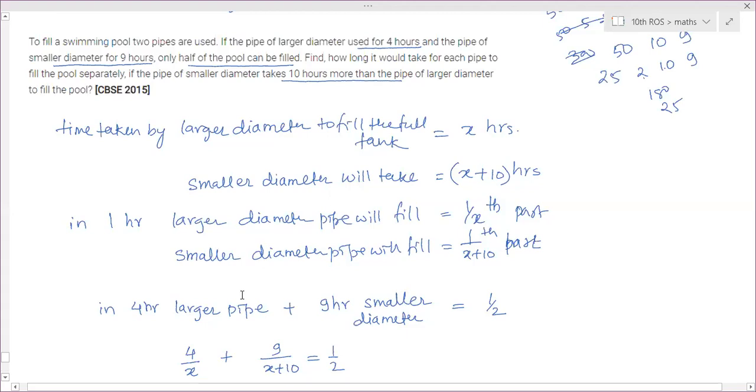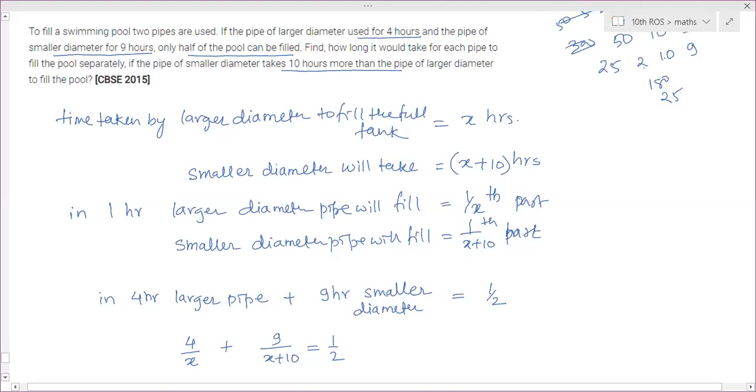Ma'am, in NCERT the chapter is so small, but in this it's so big. Now clear? Now you can see here, what is the question now? This one, year? 2015 board paper.